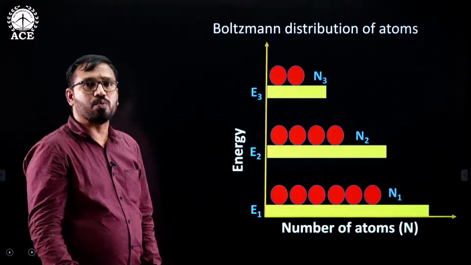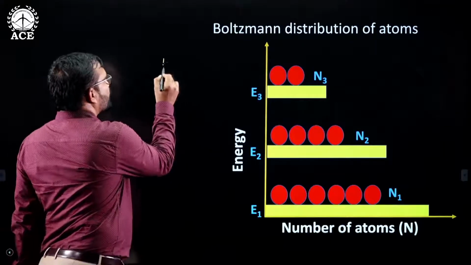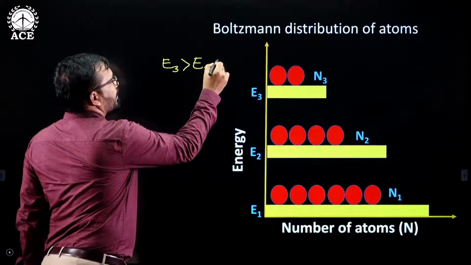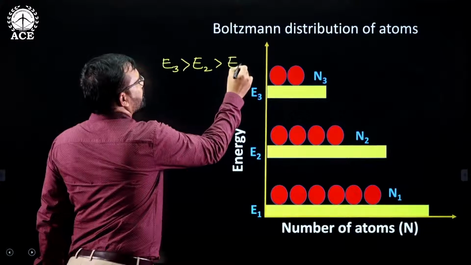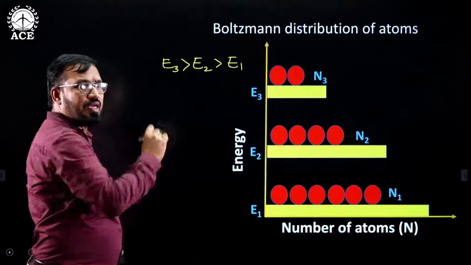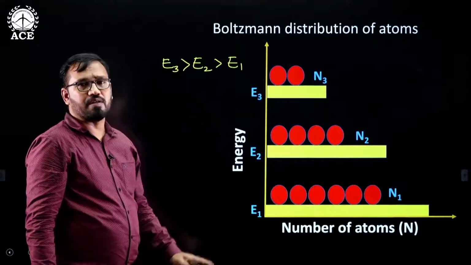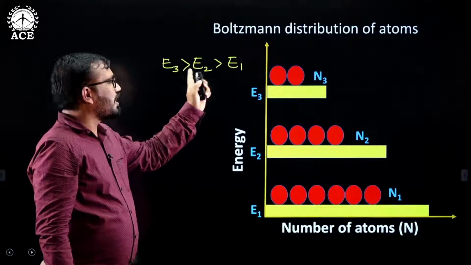Only 2. So E3 is greater than E2, which is greater than E1. E3 is the highest energy level, and E1 is the lowest.